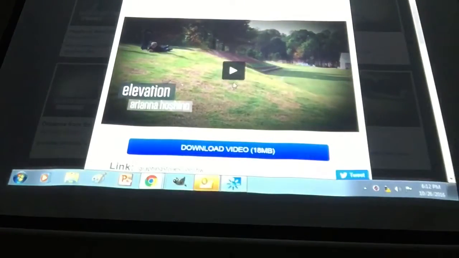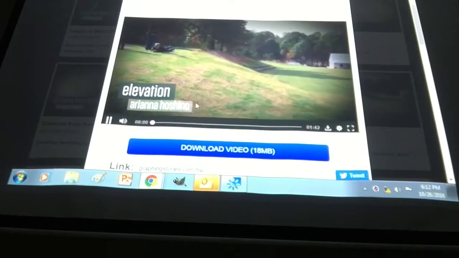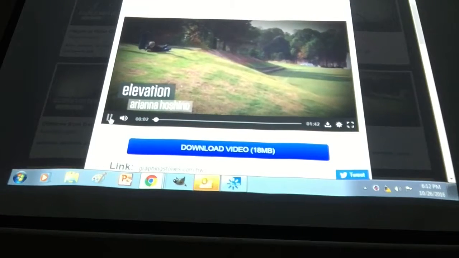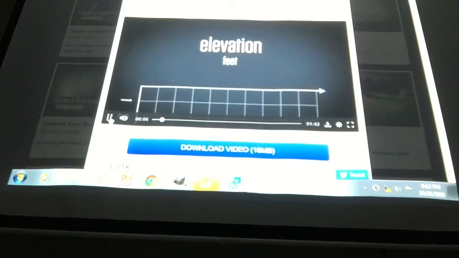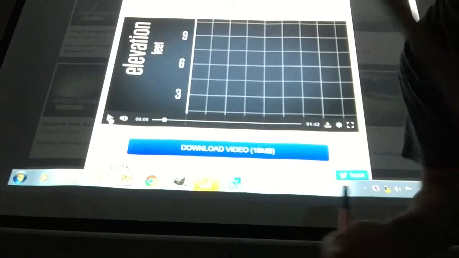So we're going to go ahead and label our x and y axis. All right, so elevation in feet, and each 2 units you go up by 3. Okay, so this is on the back.